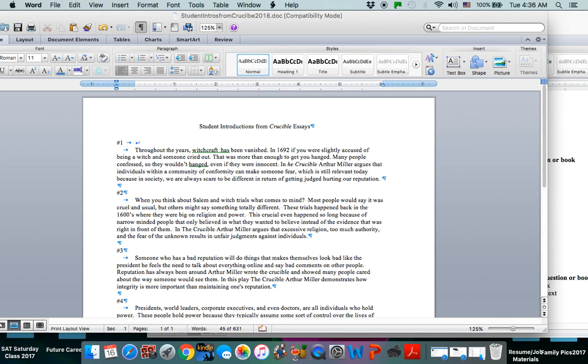Number 2, "The" should be capitalized, and you always want a comma after here. So, "In The Crucible, comma, Arthur Miller argues that individuals within a community of conformity can make someone fear what, which is still relevant today because in society we're always scared to be different in return of getting judged, hurting our reputation." Holy moly, there's a lot going on right here.